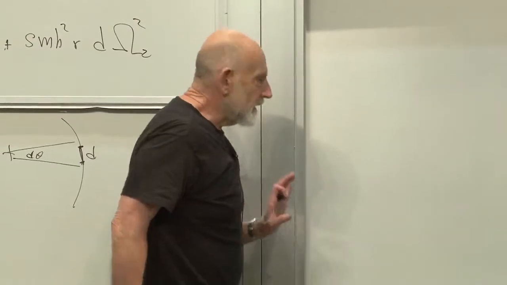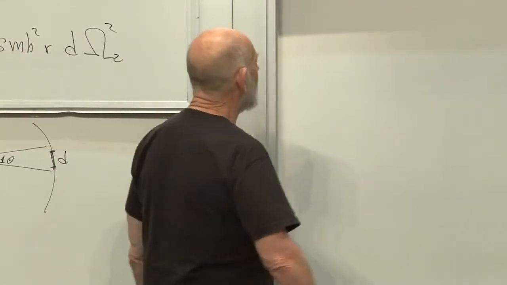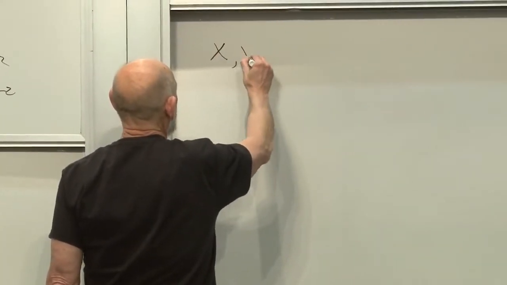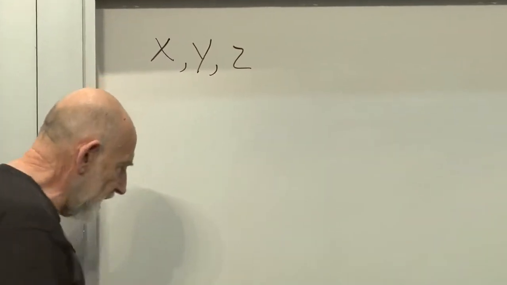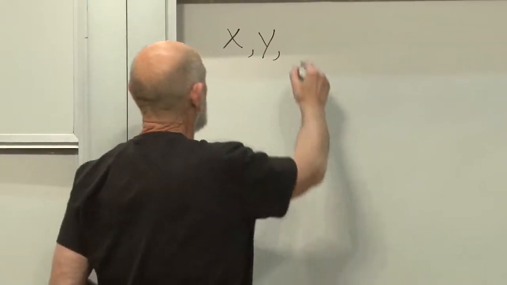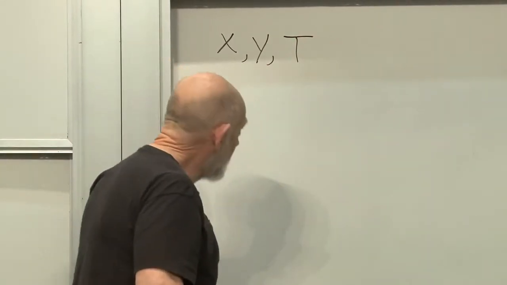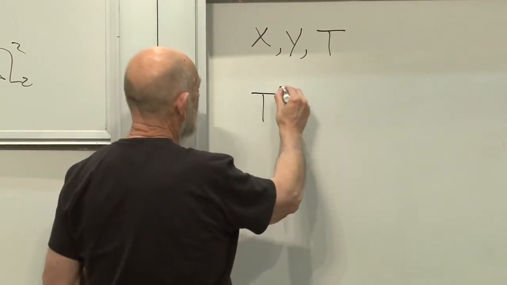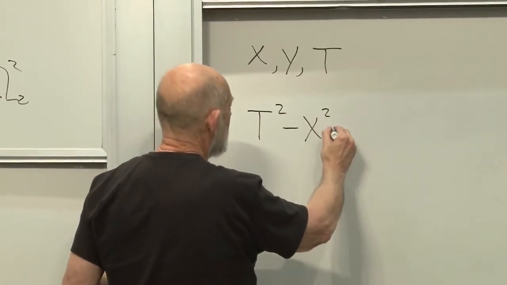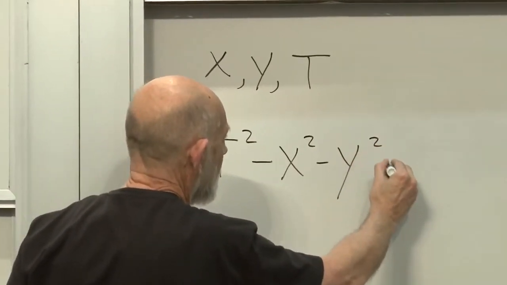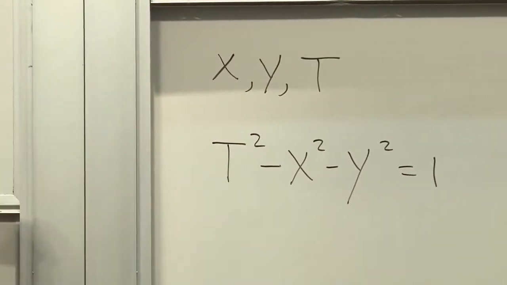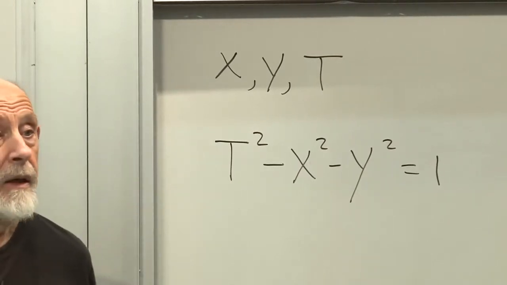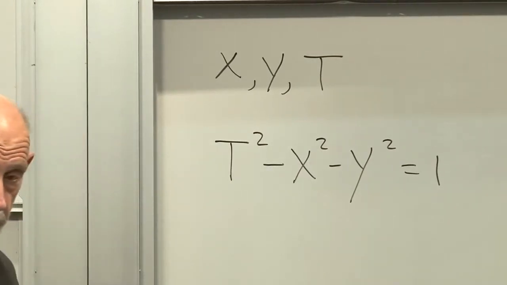Take xyt space and construct not the sphere, but instead t squared minus x squared minus y squared equals 1, instead of t squared plus x squared plus y squared equals 1, which would be a sphere.